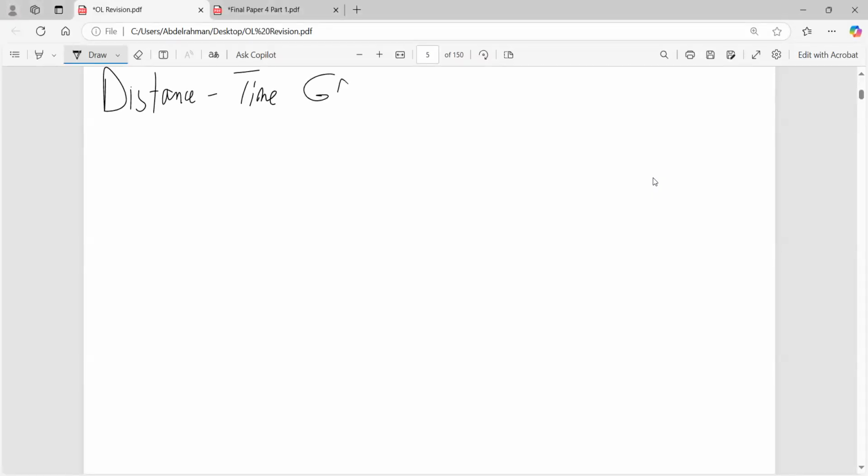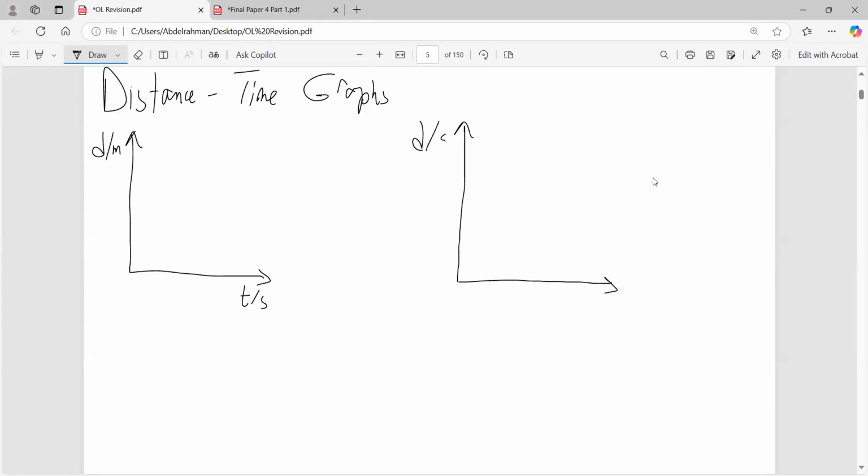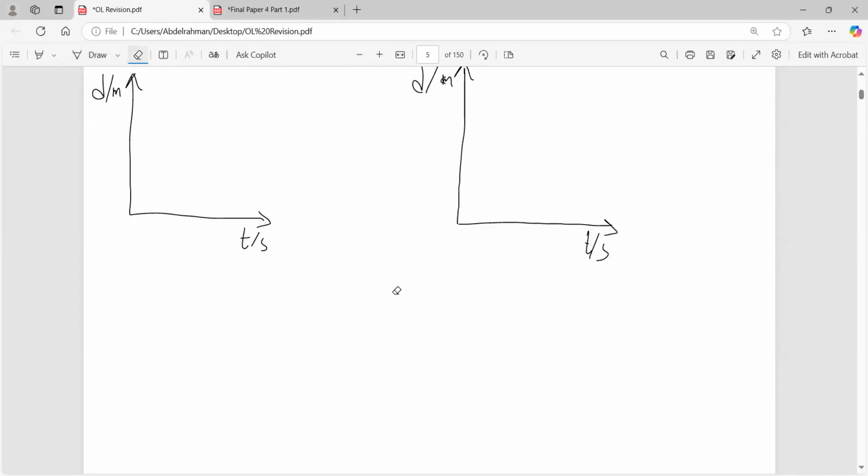What are the distance time graphs that we have? I guess around four distance time graphs, very quickly. Here I draw the distance in meters and here the time in seconds.